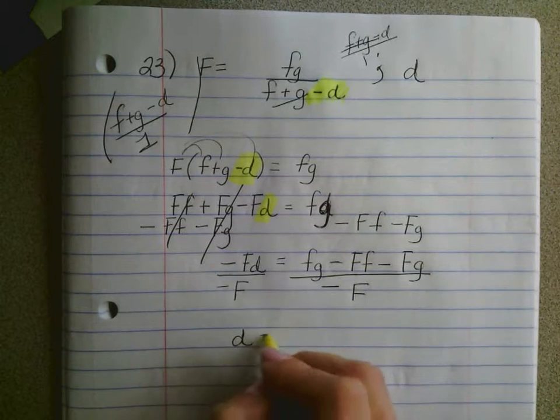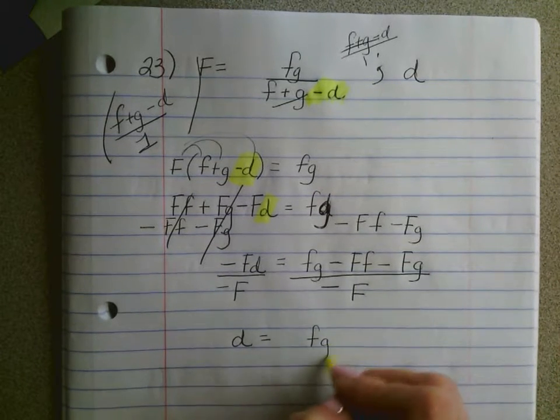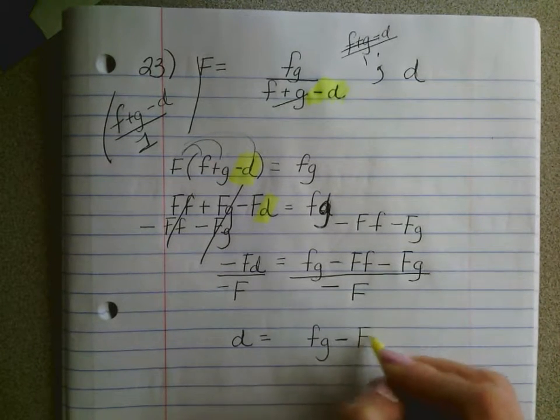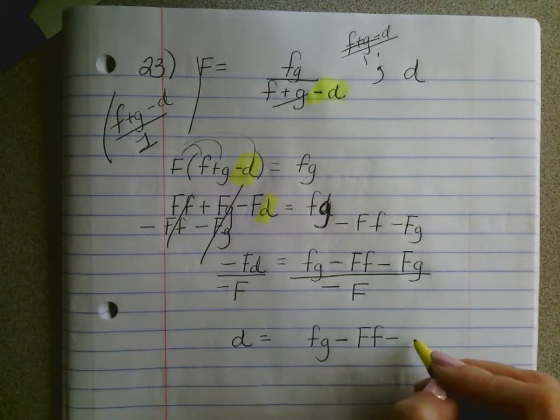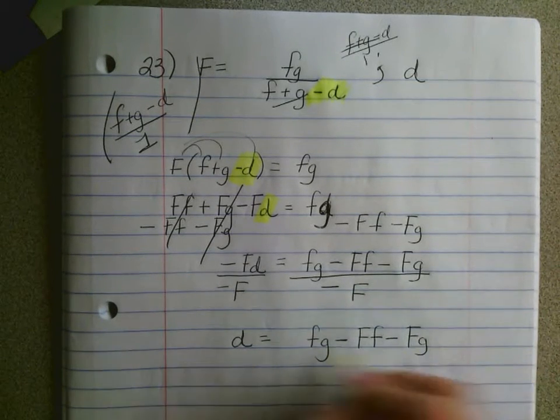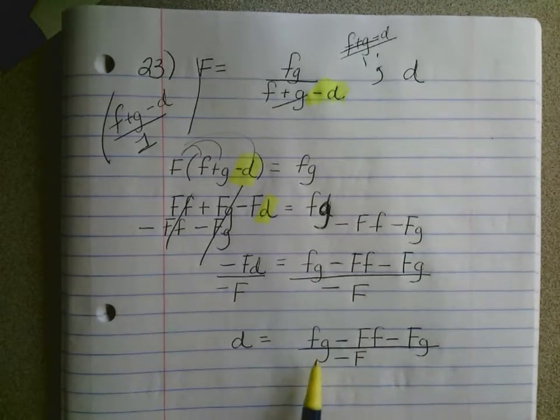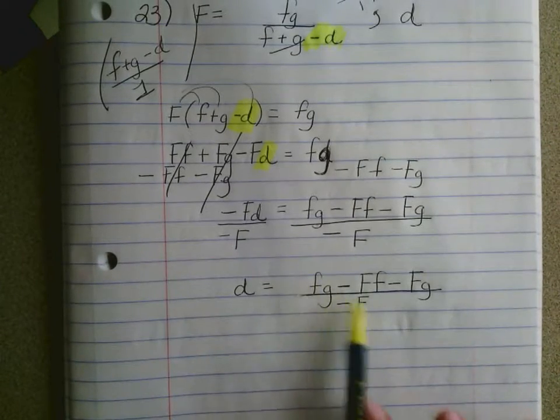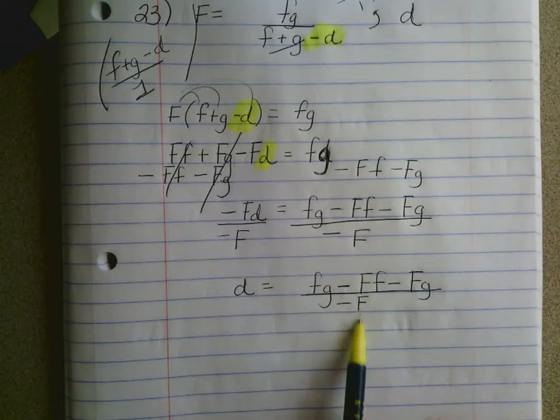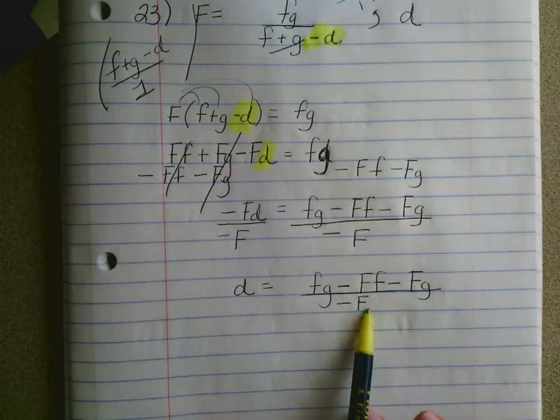So D is equal to FG minus FF minus FG divided by negative F. And if you used this negative F to flip, you would flip all the signs. But if you left it like this, it's still the same thing.